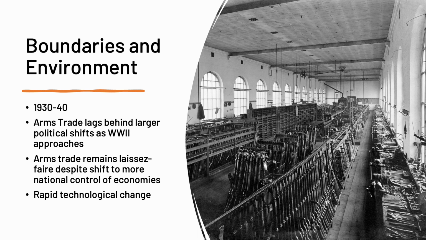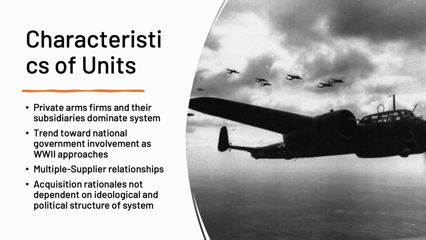You're moving from these larger dreadnought battleships to more of these sleeker, faster running, larger gunned warships of conflict. You also have the rise of the aircraft carrier as well, and tactics are beginning to change along with that. So we have to keep that in mind as we're looking at this particular era of the arms trade system.